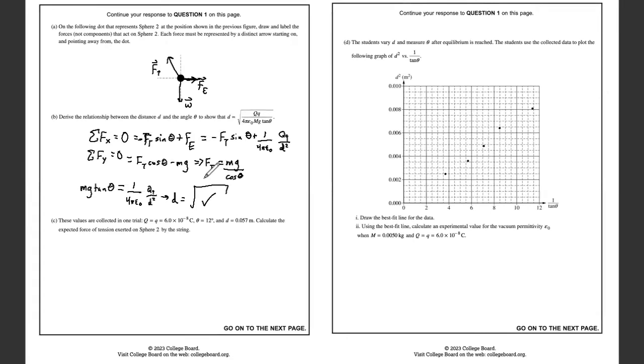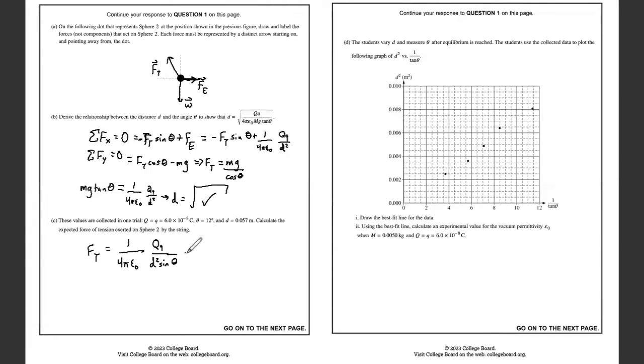Good. So in part C, the values that are collected are shown, and we're trying to calculate the force of tension. Well, we're given charges, we're given distance and angle, so let's go ahead and use the x component of forces where we have all of the electrostatic quantities. We can say from there that F_T is going to equal 1 over 4 pi epsilon naught, remember that epsilon naught is on our equation sheet, times the product of charges over d squared, over sine theta.